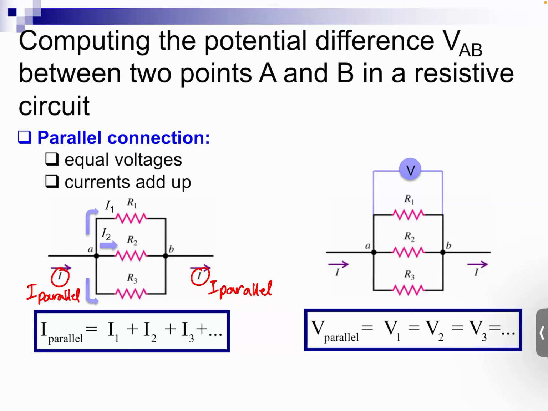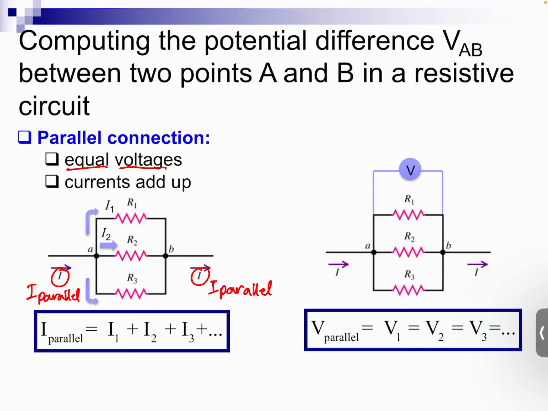So currents add up in a parallel connection, but the voltages are equal in a parallel connection. These are important concepts that you have to keep in mind as you analyze circuits and try to find the voltages and the currents in each of the resistors in the circuit.